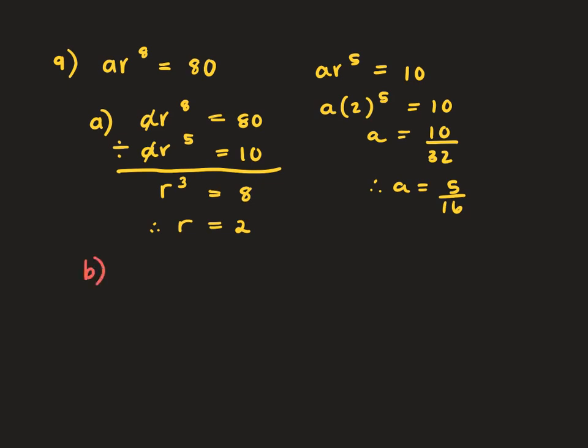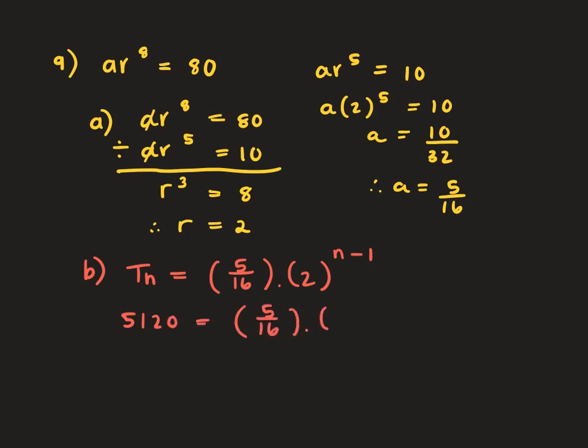All right, okay. So we've already wrapped up this question. Let's see what they want in B. They said how many terms if the last term is 5120. So let's come up with the nth term for this pattern. Tn is equal to a, 5/16, times r, 2, to the power of n minus 1. So that's the general term for this pattern. They said that the value of the last term is 5120. So now we're just going to solve for n.